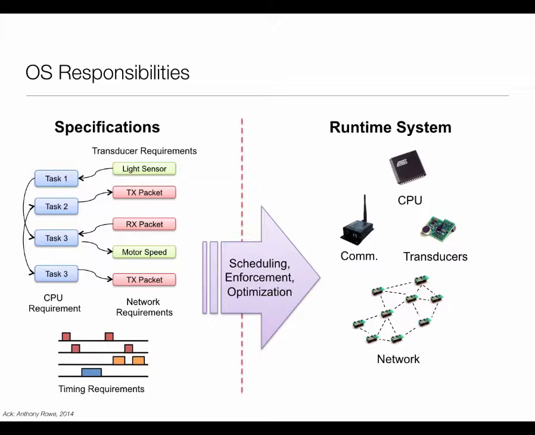And oftentimes in these systems, when an event happens, I have to respond in a timely fashion. So you'll have constraints on rate, for example a sensor must be read at a particular rate, or a motor must be commanded at a particular rate, and you may have constraints on latency.